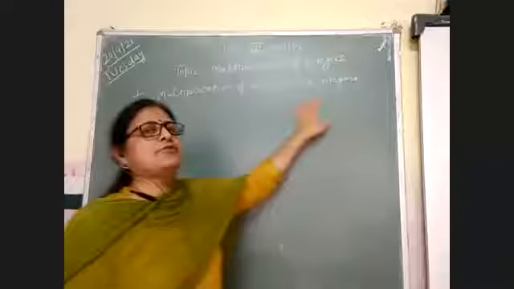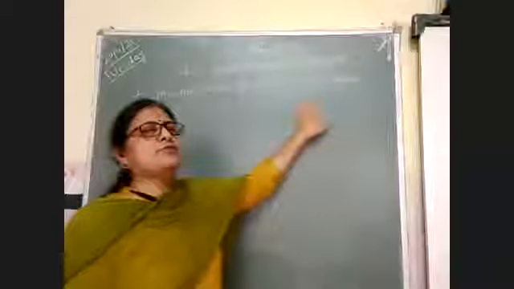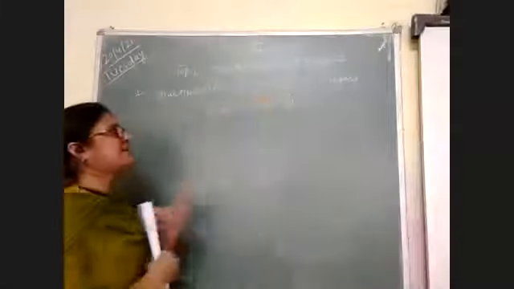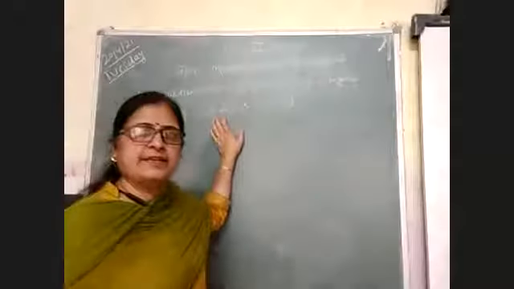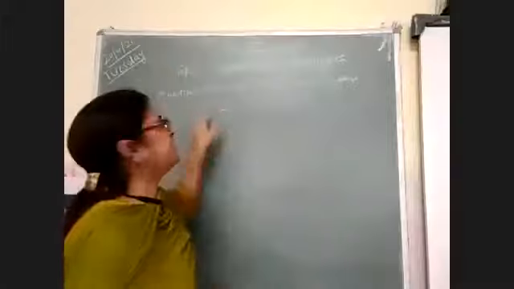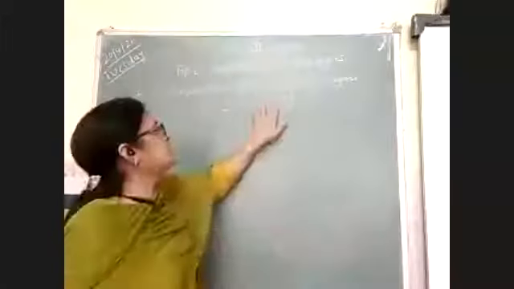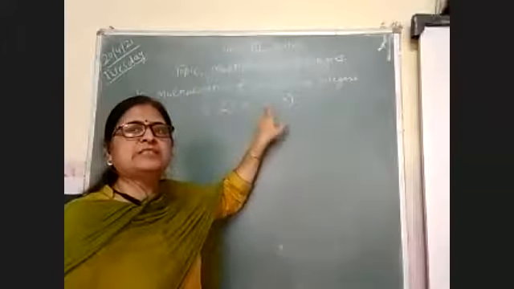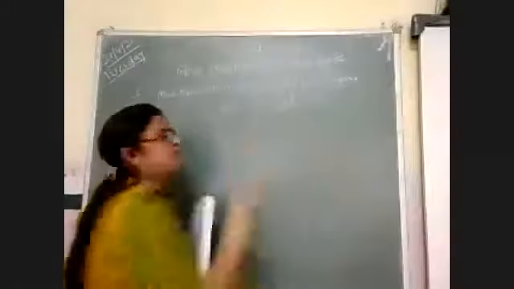I will take two positive integers, for example +2 and +3. Whether I put the plus sign here or not, it is not required. When no sign is given, it is positive. So when I multiply 2 by 3, the answer is +6.